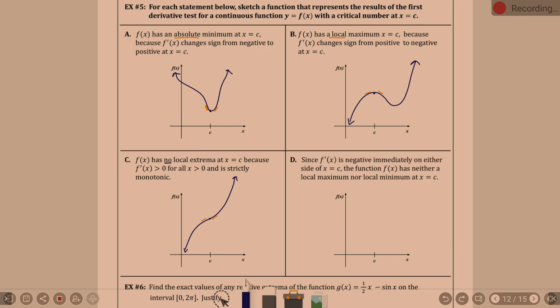I'm going to retract the statement because c is defined to be a critical value. So I have mine doing a decreasing curve, right? The derivative is negative immediately on either side, so negative and negative. Neither a local max nor a min. Same thing as the last one, they just worded it differently, didn't they?